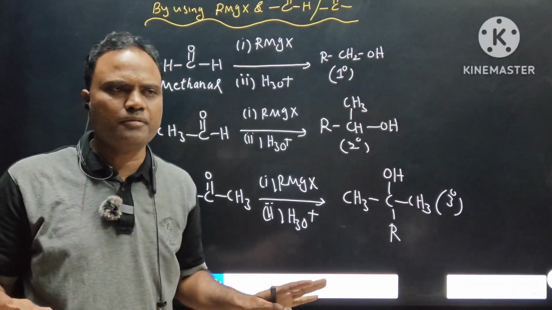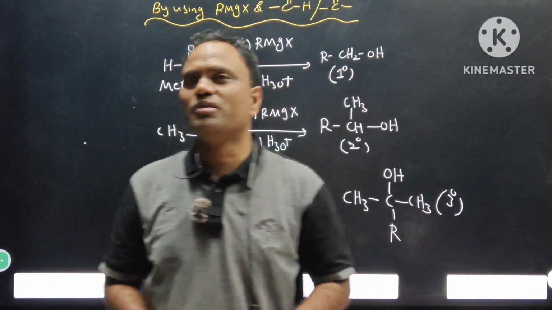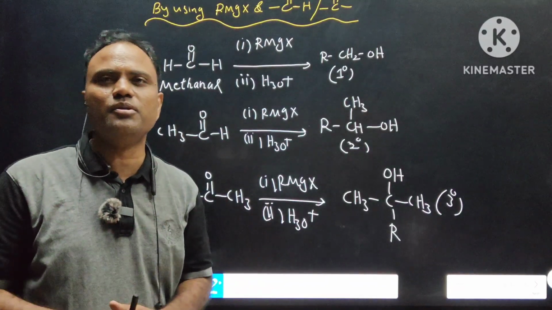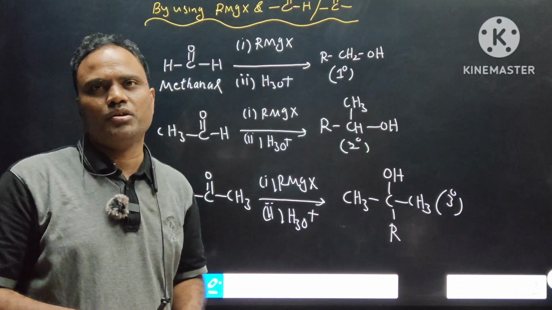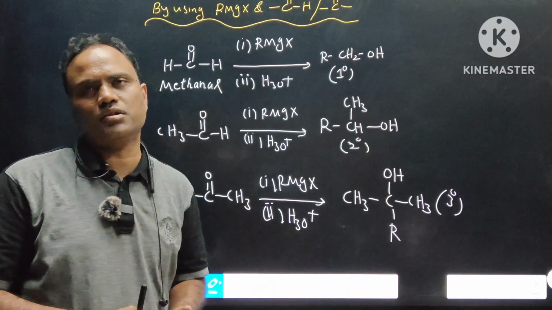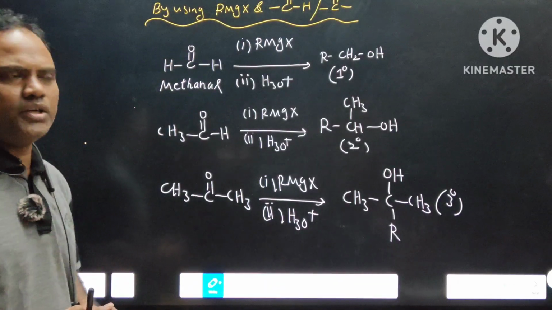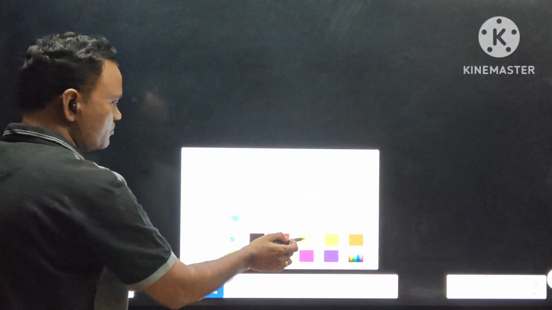If I give 100 reactions, you can write the product if you know the mechanism. If you learn by heart, you are unable to answer. Very, very easy. So simple.